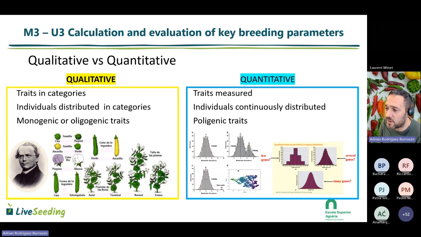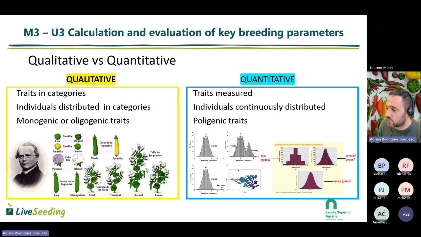The color of the flower, white or purple, etc. Within this context, many important traits in breeding, particularly resistances to diseases, are usually qualitative traits.